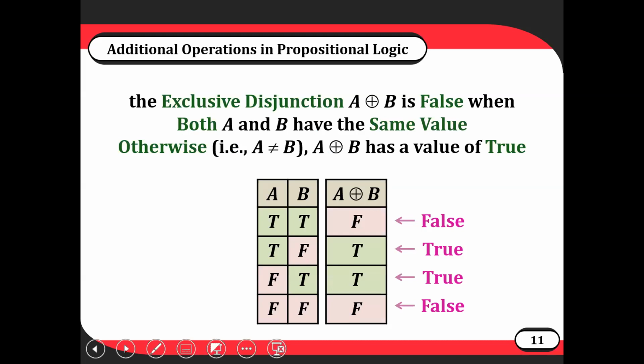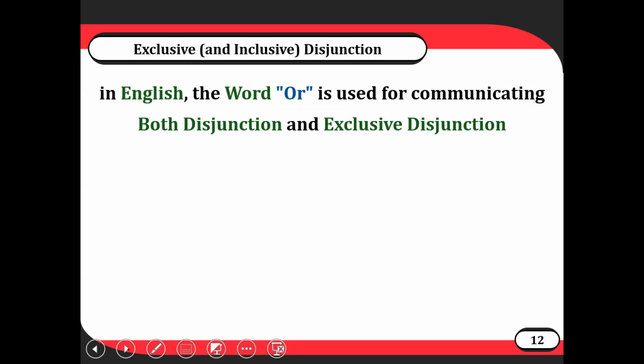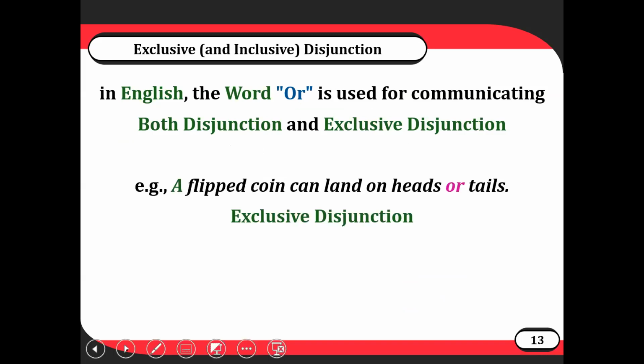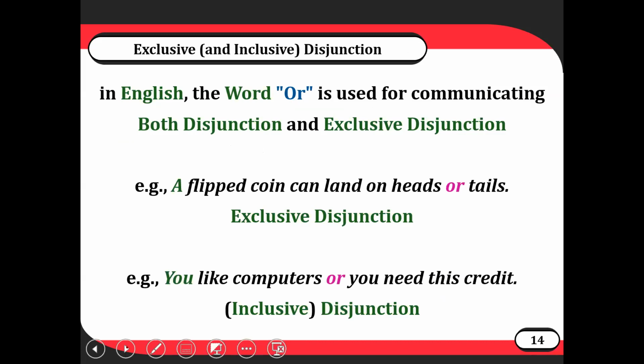And here's a nicer version of it. Again, we discussed this a little last class, but in English, the word or can be used for both of these, so you really have to pay attention to the context. A flipped coin can land on heads or tails. You like computers or you need the credit.